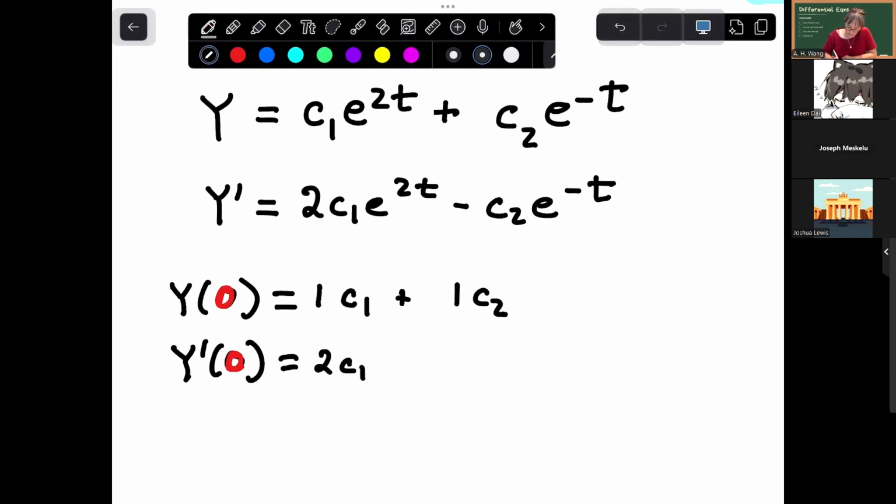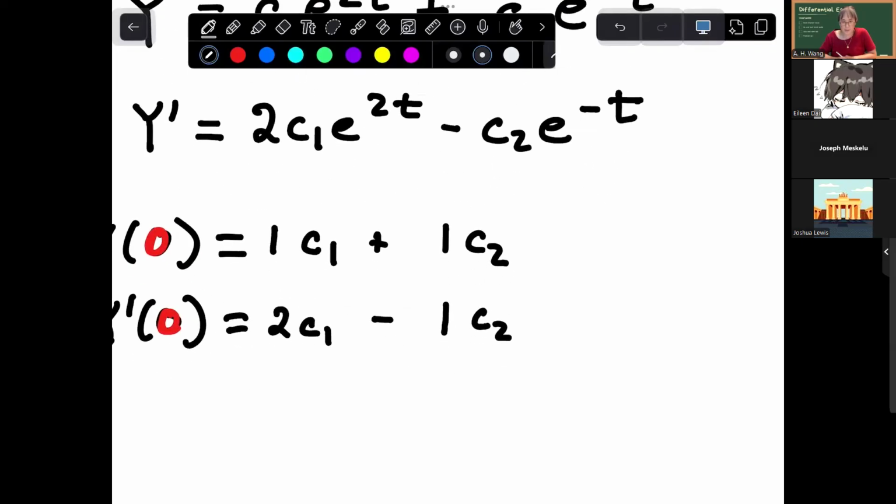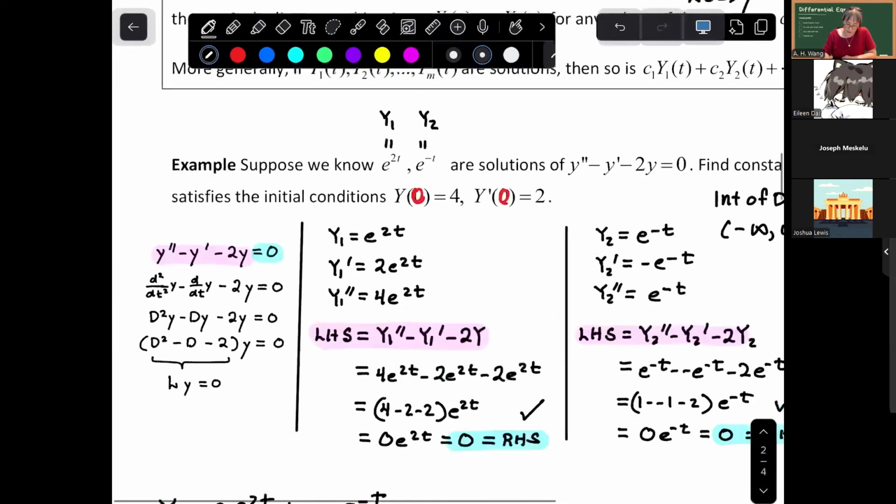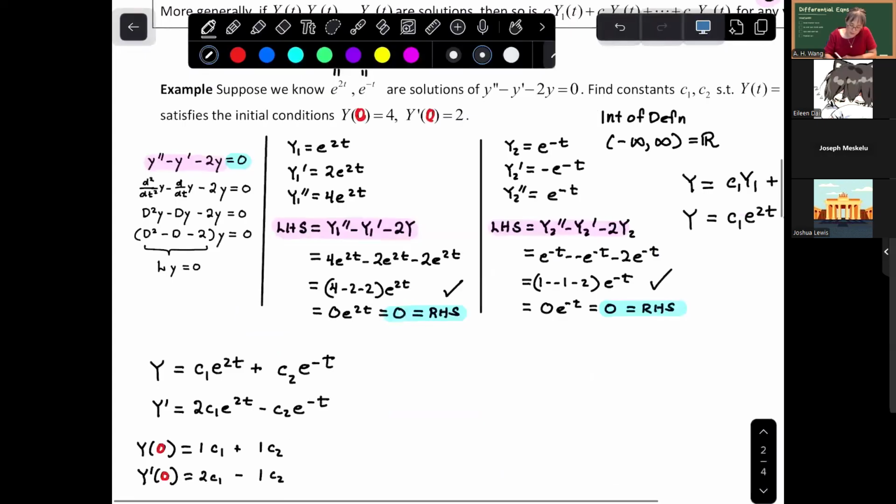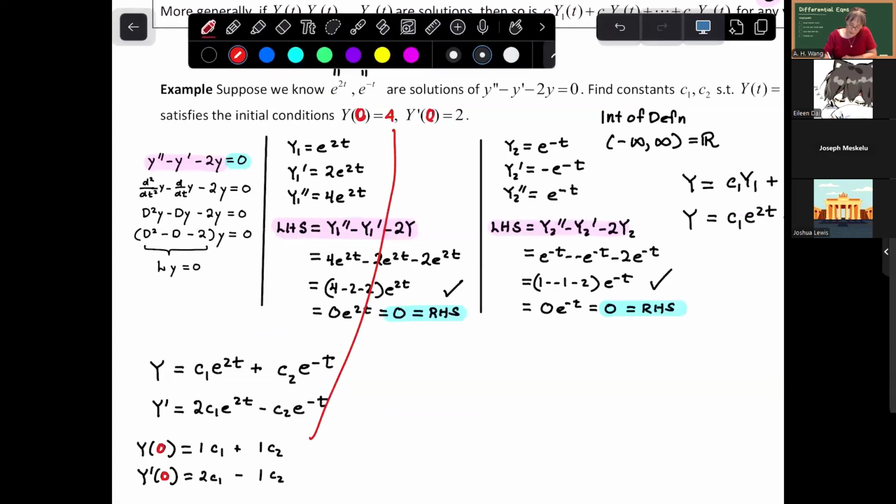2c1 minus c2. Okay. Now I'm going to go ahead and put a 1 here, right? Because when you have minus, it's actually minus 1 times that guy. And remember what we have over here. This is y of 0 equal to 4, right? So this guy is going to be equal to 4, and then this is equal to 2.